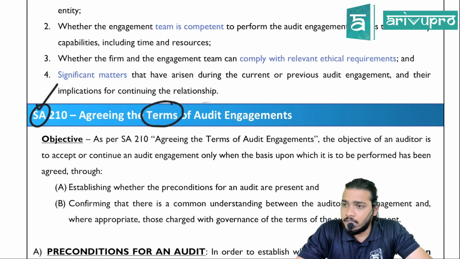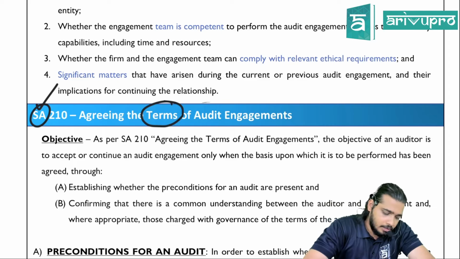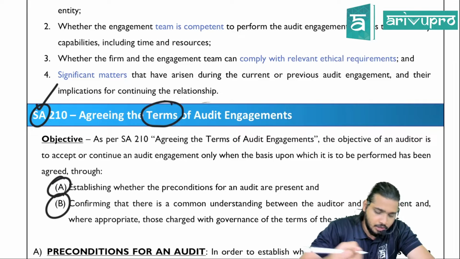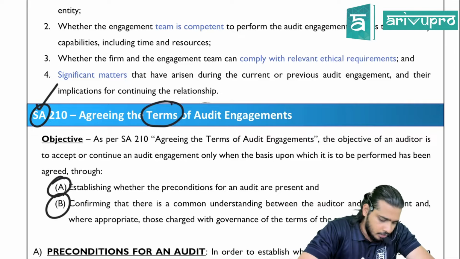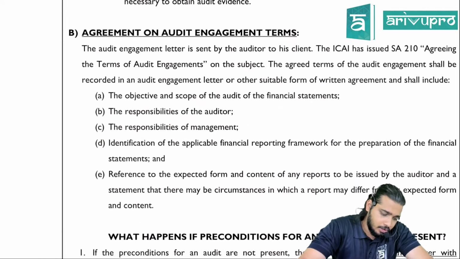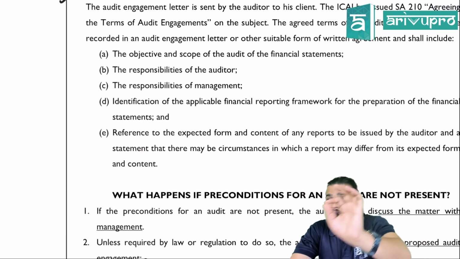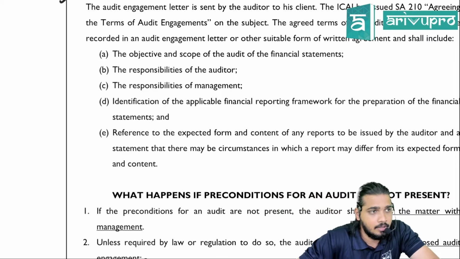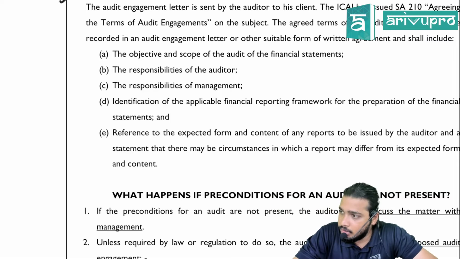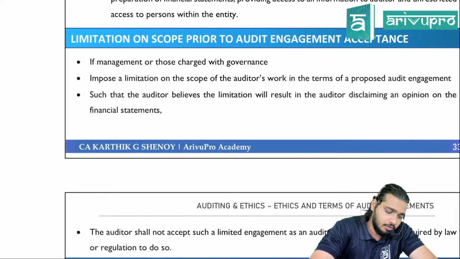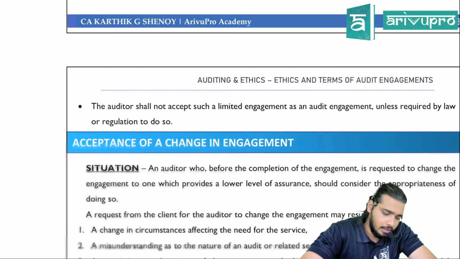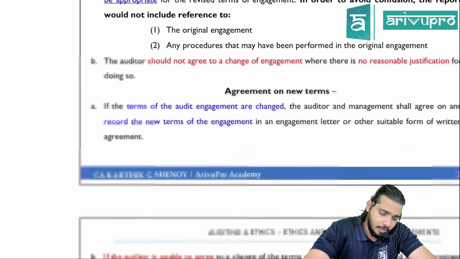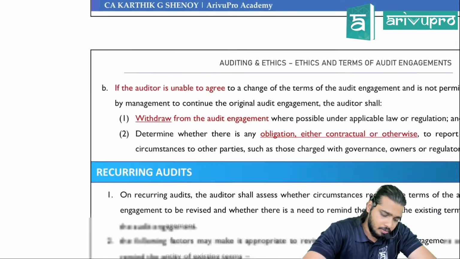Second misunderstanding students might have, sir, they have given situation A and situation B. Okay, so situation A is here, situation B is here. They think SA 210 comes to an end here. Understood? But SA 210 doesn't come to an end here. It continues here. This also is SA 210 only. This also is SA 210 only. This also is SA 210 only. Clear? Then we go to the next standard.